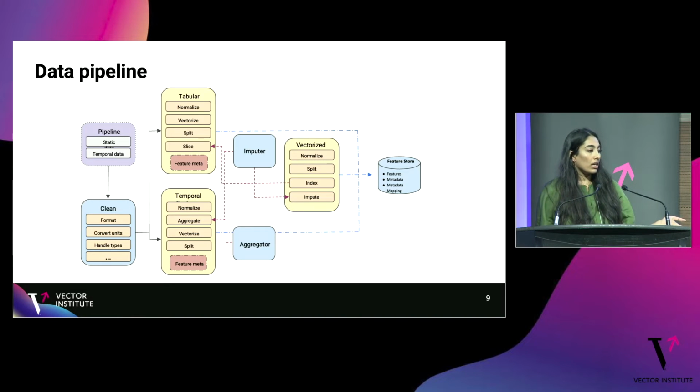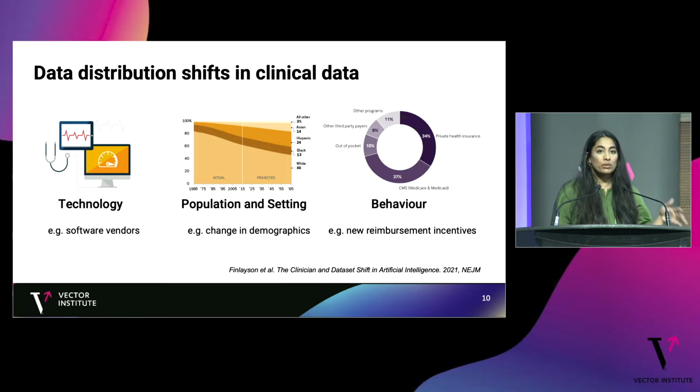So we have a structured way to actually clean the data, which is then processed into two classes, a tabular features class or a temporal features class, which are then sent to our compute aggregator with many different functions you can choose from, which then spits out our vectorized data format for our modeling in our feature store.